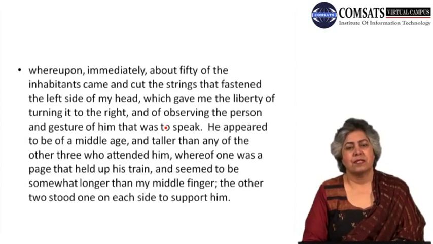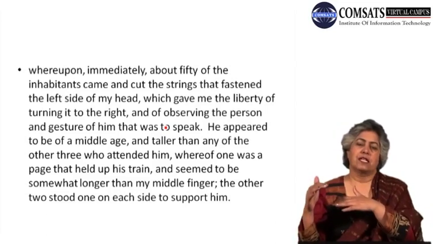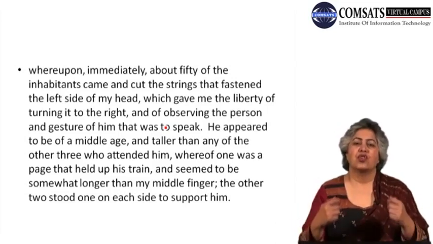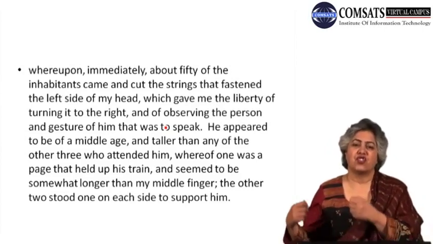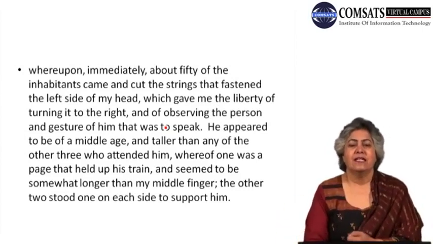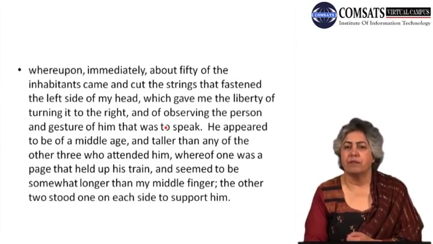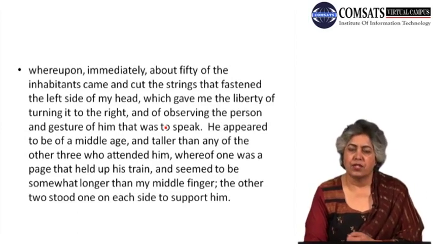So he describes this person of quality, this man of importance who comes up on the stage, and he says that I know that he was a very important man because one of the men who climbed up onto that stage were holding the train, and if a person has a man holding his dress, then that person is obviously a person of importance, a rich man.